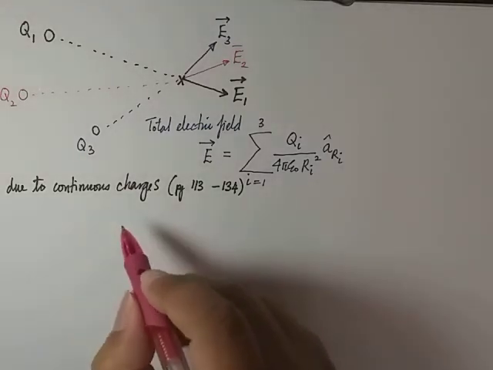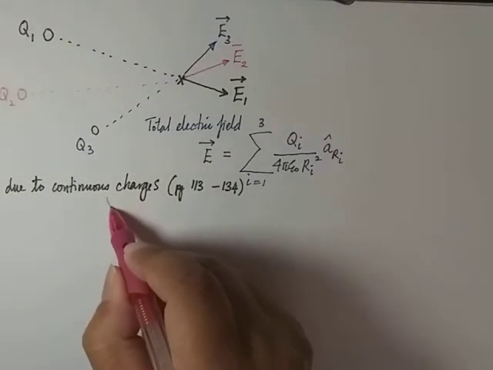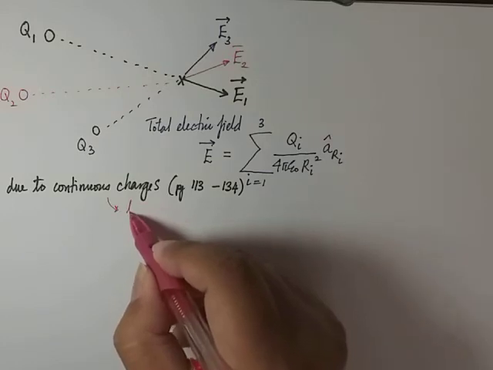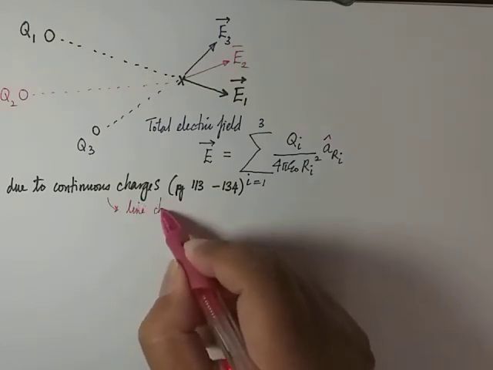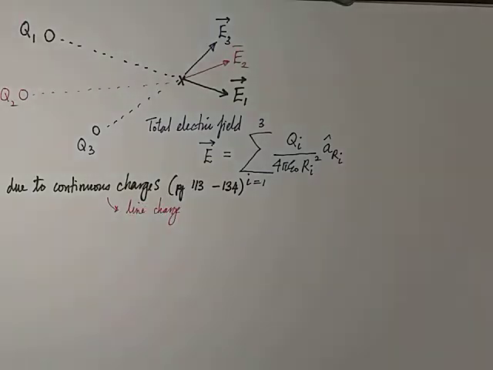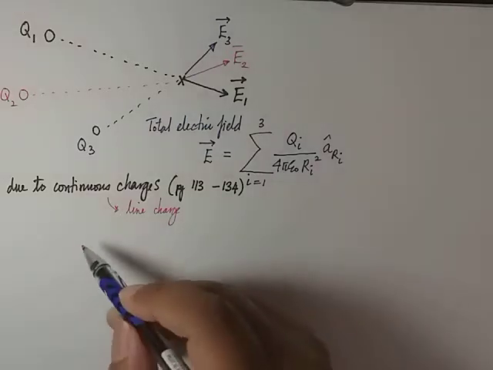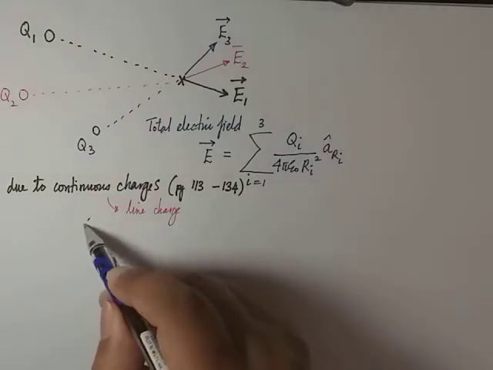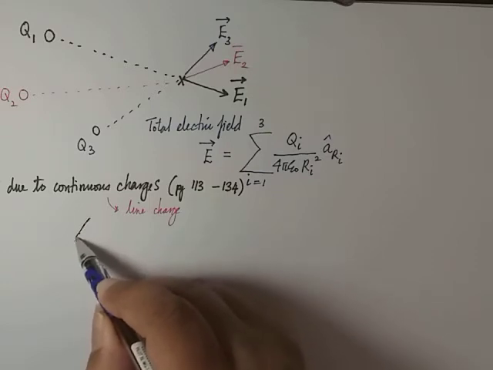So let's assume our continuous charge that we're going to discuss here is, let's say, line charge. We also know surface charge is also categorized as continuous charge, but line charge now. So let's draw a line. I'm going to draw a solid line here.